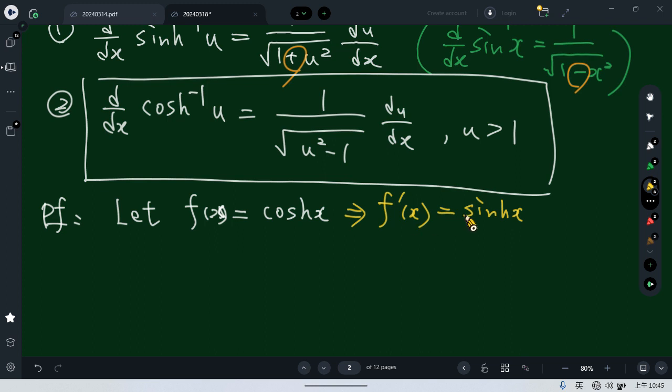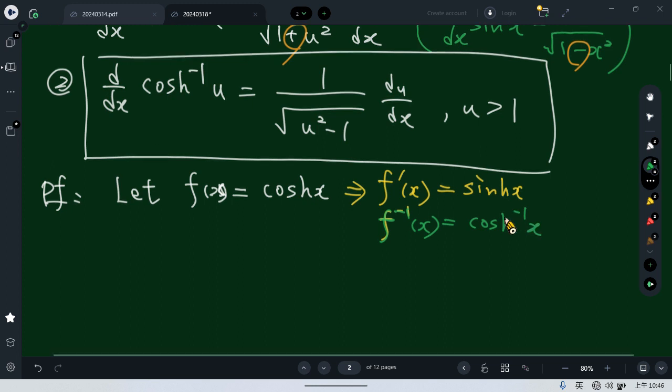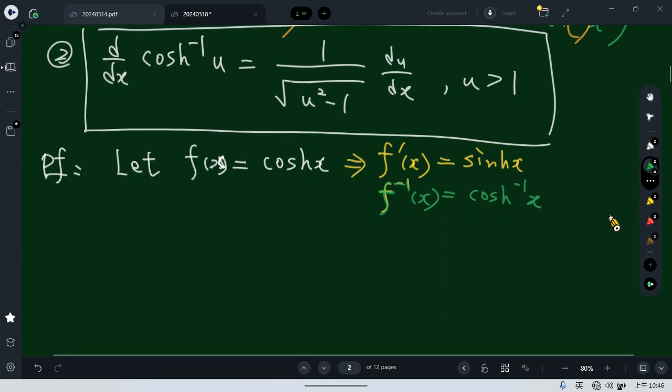I proved this for you earlier last week, right? Then we also have f inverse of x is hyperbolic cosine function's inverse. So we have this.